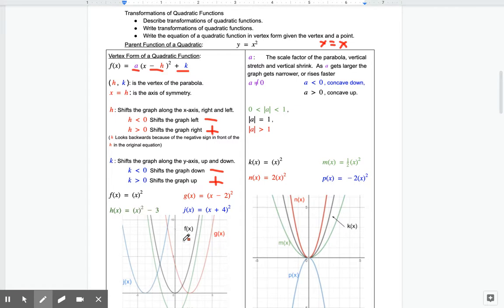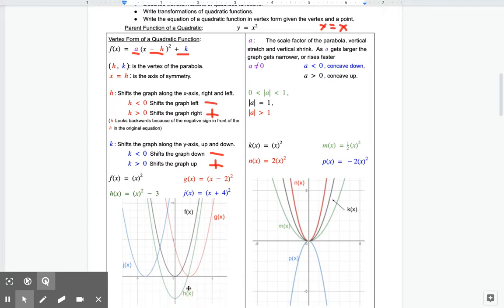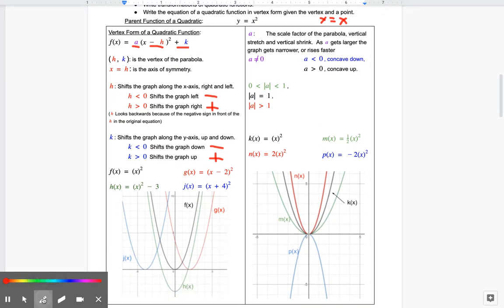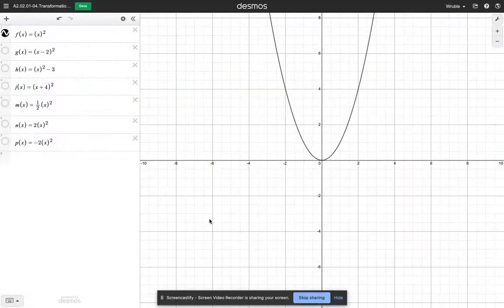And then we have our last example here, the green function, where we have x squared minus 3. There's no horizontal shift, so we're not shifting to the left or to the right because there's nothing inside the square next to the x, and we only shift 3 down. So 1, 2, 3.